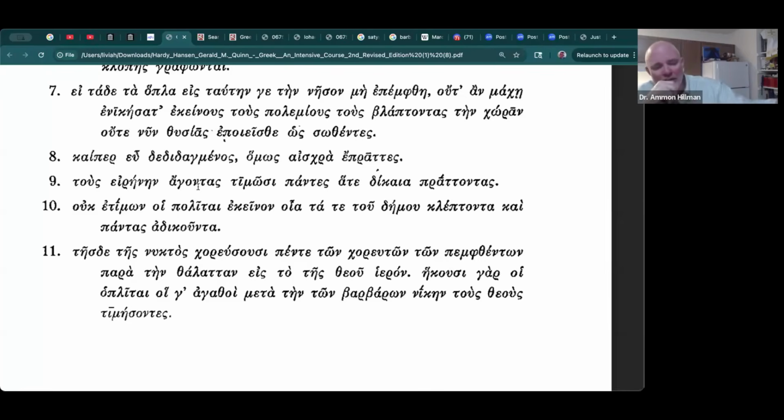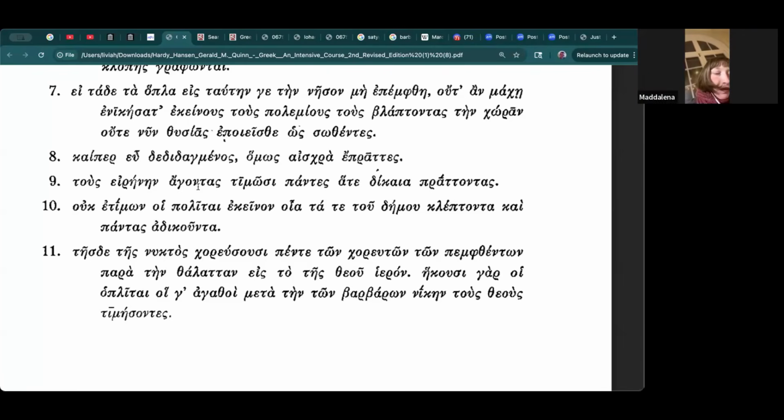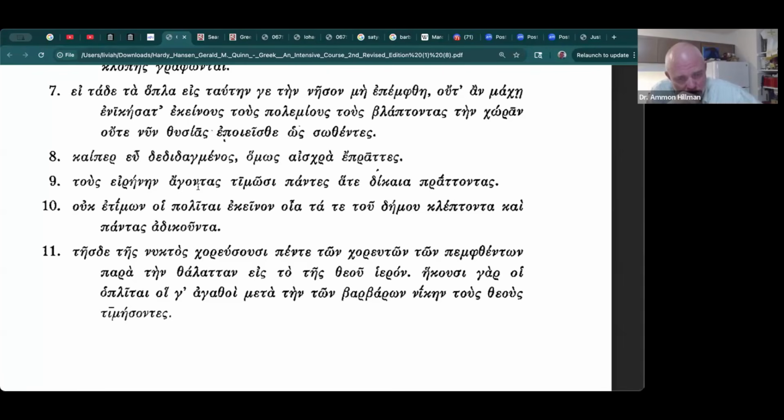Thank you for showing me how to use kai per and homos. Plus, we have a participle in dedidagmenos, and we have a main verb in eprattes. Gorgeous. You did outstanding on that.